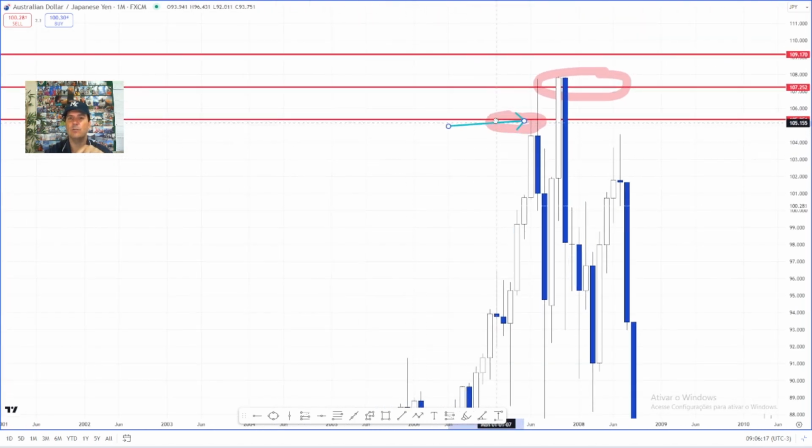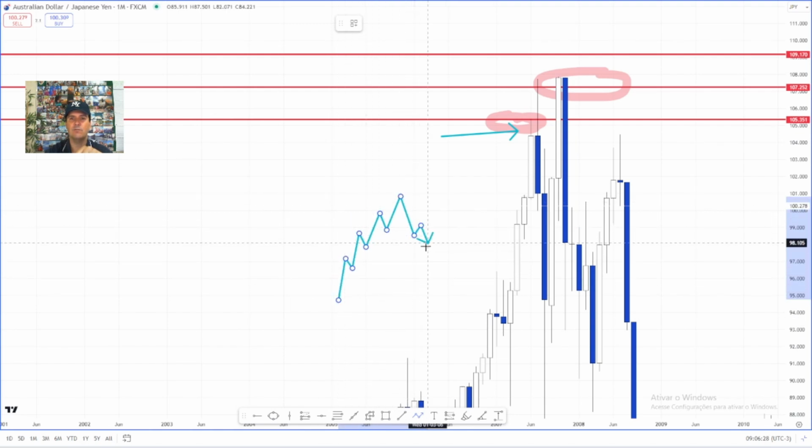If I go on the 1 hour chart, in here, I'm going to see an uptrend turning into a downtrend. It could be, but it doesn't necessarily need to be a high or a low. Not to talk about candlestick formation, it doesn't need to be.